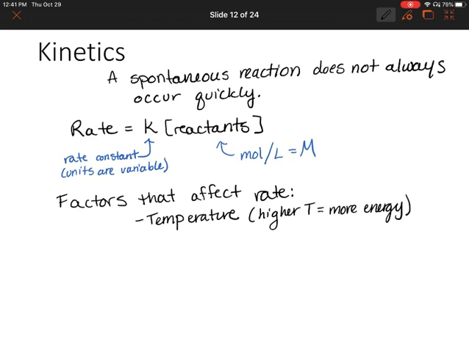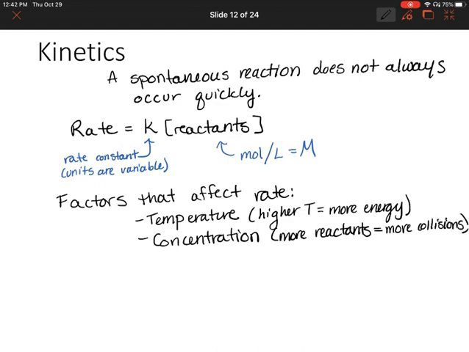Another factor that affects rate is the concentration of your reactants. If you have more reactants, they'll have more collisions with each other, so they'll react faster. And if you have less reactants, there'll be less collisions between those reactants, and the rate will be slower.